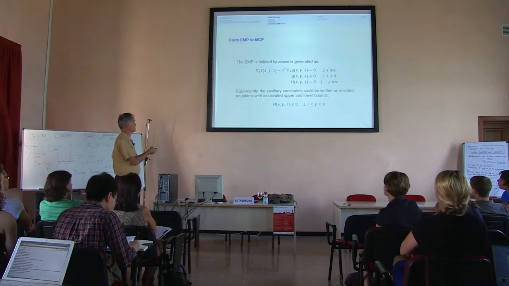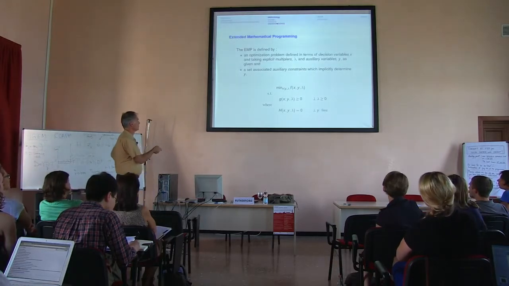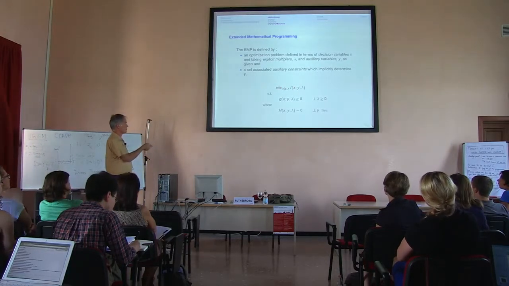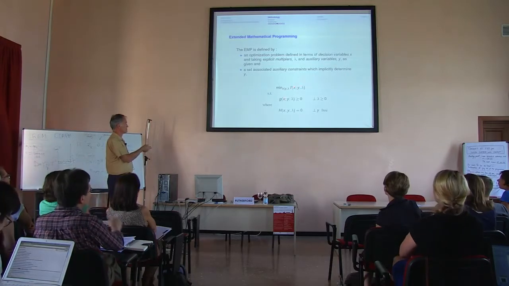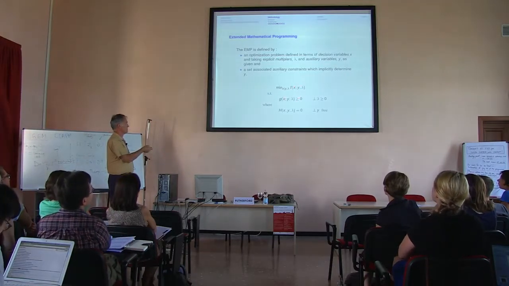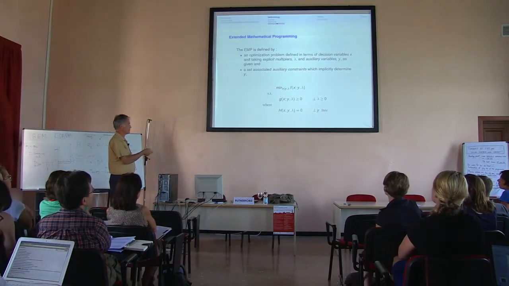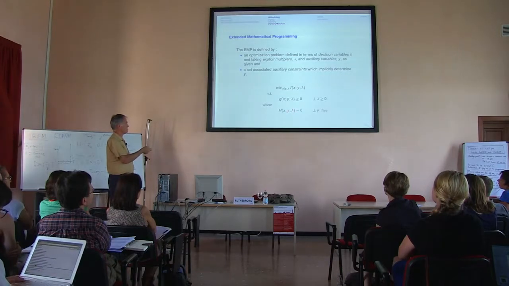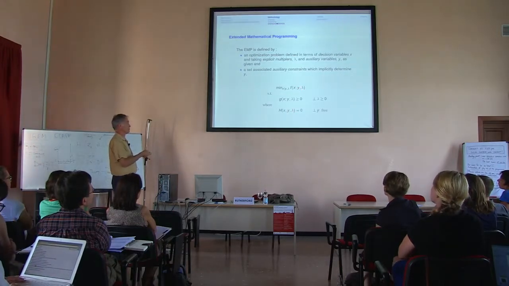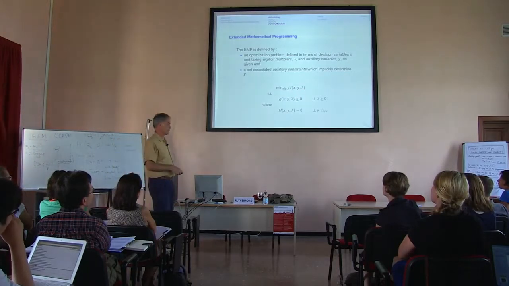If I go back to what the EMP says, we're going to solve an ordinary optimization problem, f of x, subject to g of x greater than or equal to 0, but we want to perhaps add some variables with a balanced number of variables and equations. In all of our equations in the EMP formulation, we may want to refer to the dual variables in the current problem we're solving.